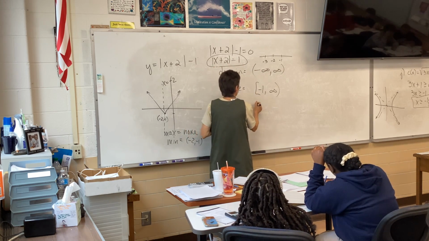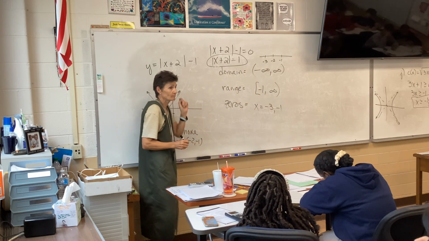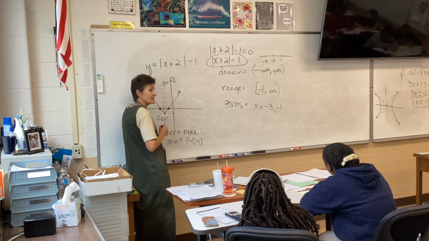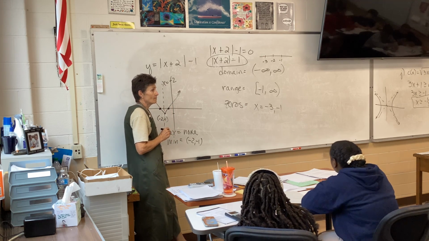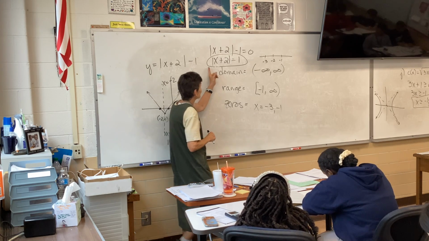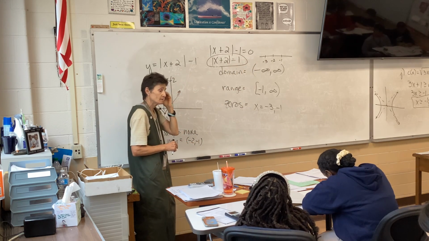Either way, the zeros are at -3 and -1. The zeros are these points right here where we cross the x-axis. And you can find those either on your calculator or by setting your equation equal to 0 and solving it.